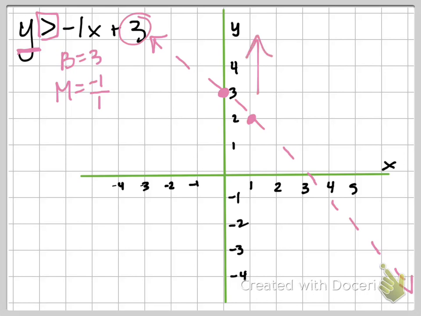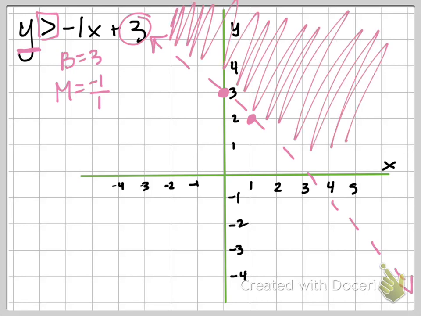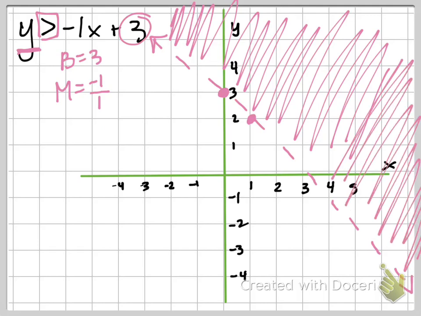Well, that's always going to be going up. So anytime it's y is greater than, I always shade above the line. Alright, so that's exactly how I would shade that example right there.